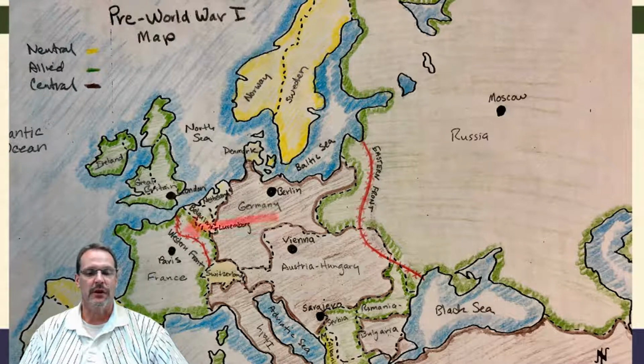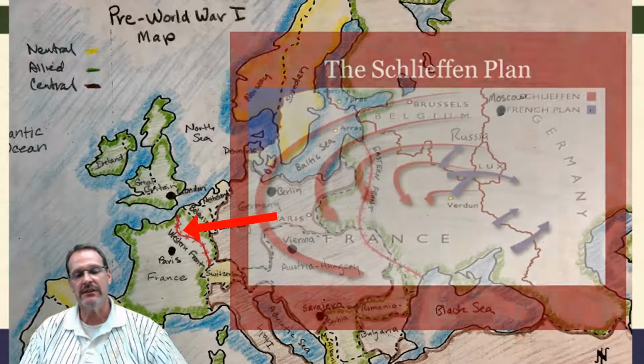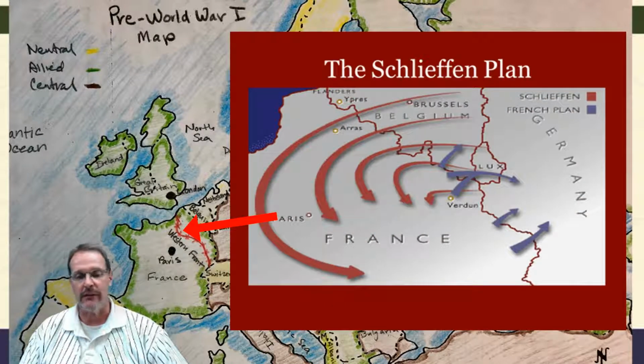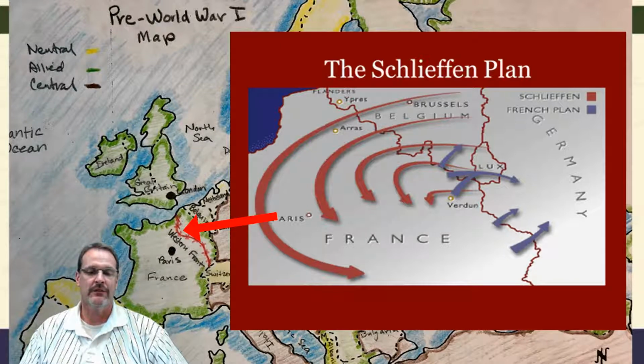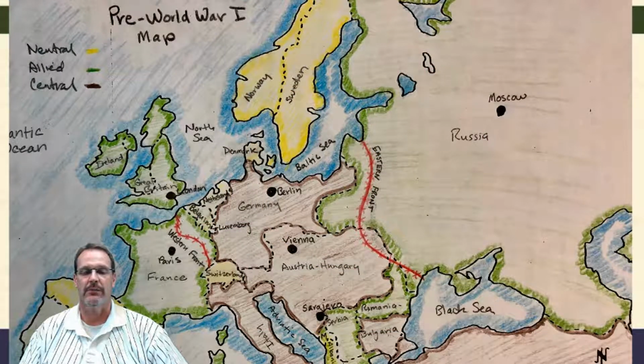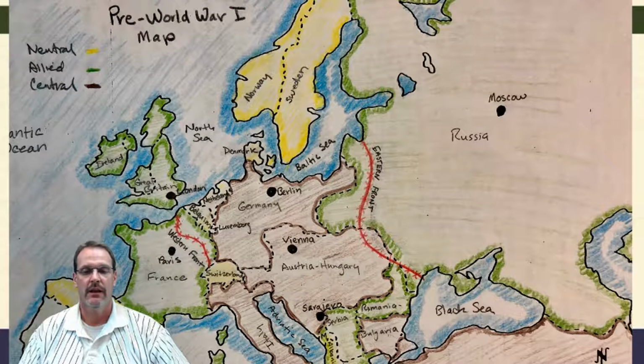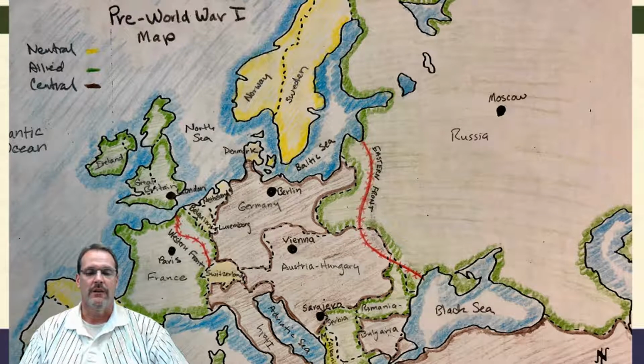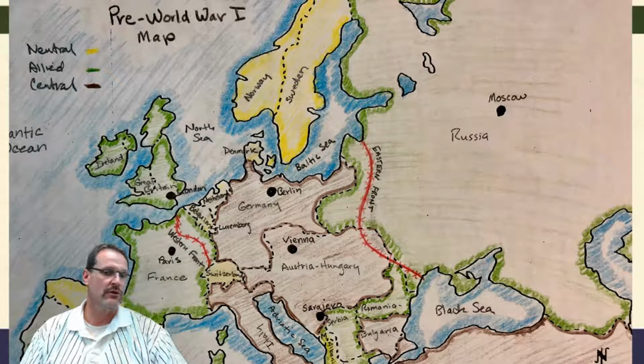Here's the Western Front, this red line on this map. You can see this is the extent of the German advance using something called the Schlieffen Plan. The Germans had a basically packaged plan to take out France. They thought that if they could take them out at the beginning of the war, they could possibly win an all-out war. So the key was to defeat France first. Instead of going right across the land that both their borders shared, they attack through two neutral countries.